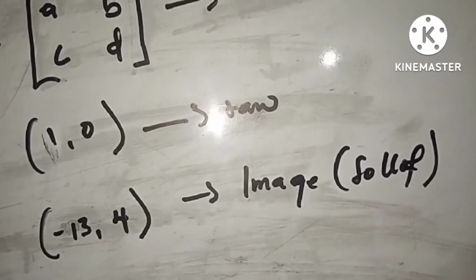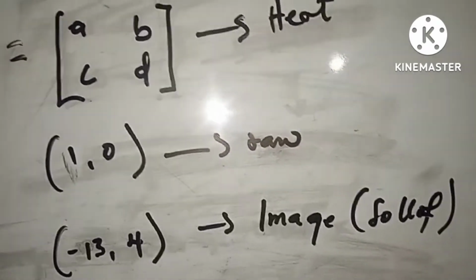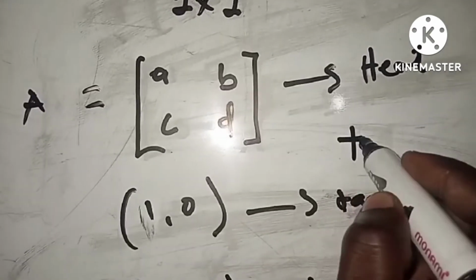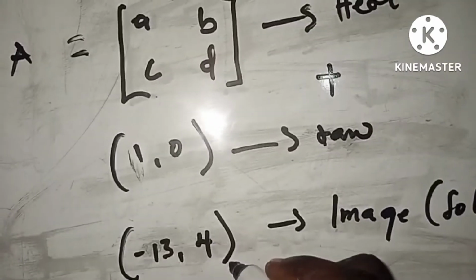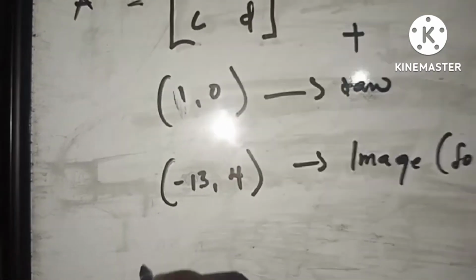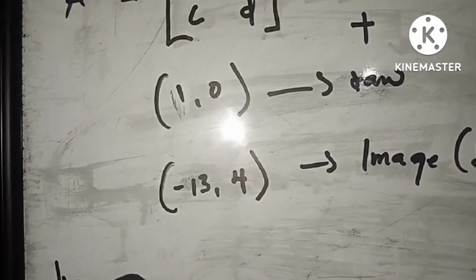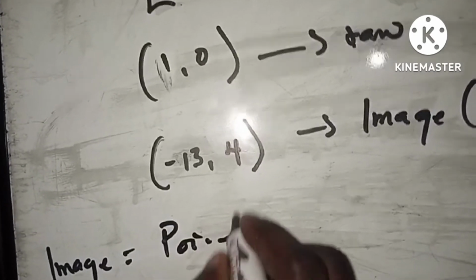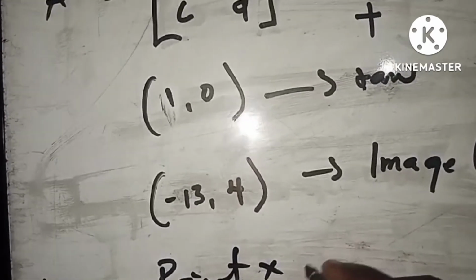Okay, now if this is the jollof, what are they asking us to do? What it means here is that if you combine the raw material together with the heat, that should give us the image. So this image is equal to the point multiplied by the matrix.